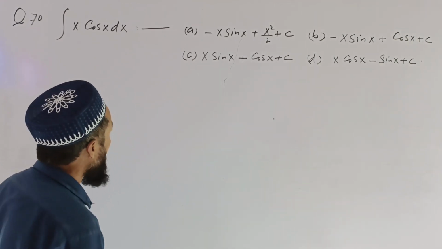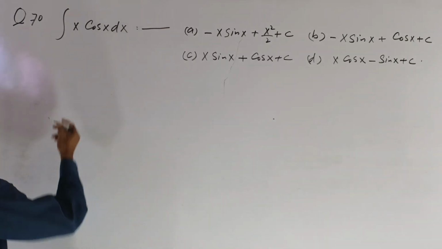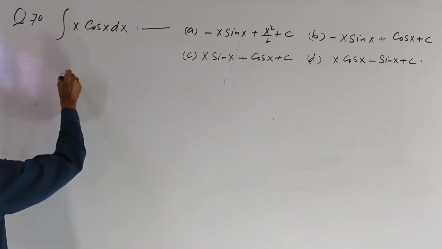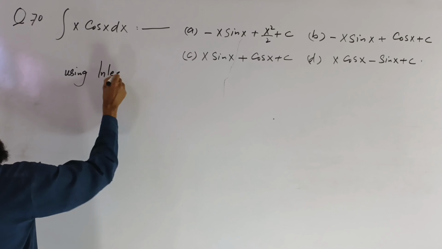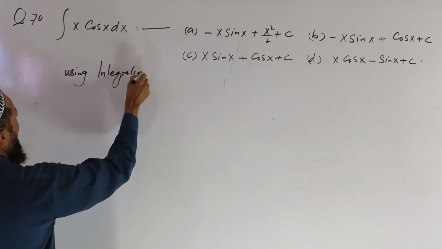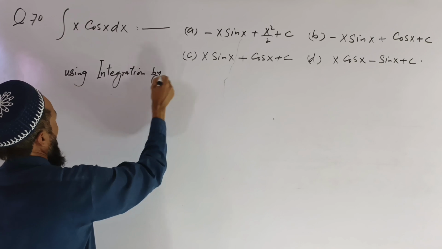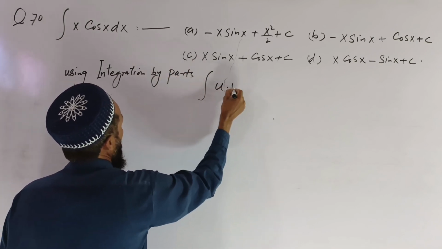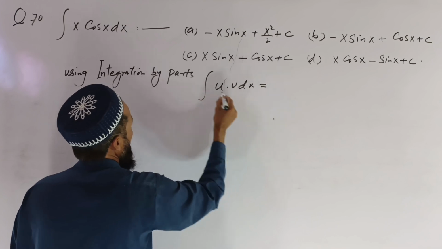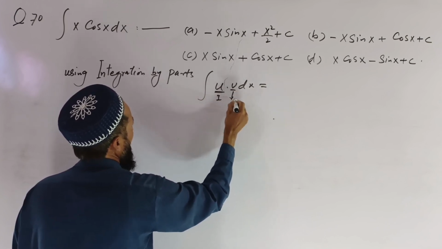What is the result of the integral of x cos x dx? So we use the formula for integration by parts: the integral of u times v dx, where u is the first function and v is the second function.